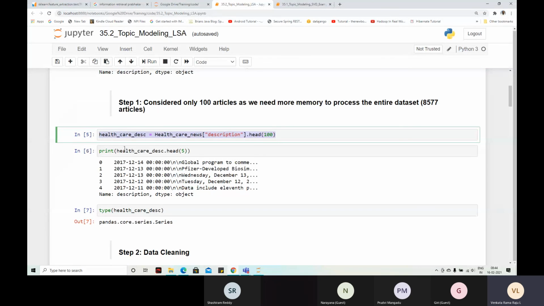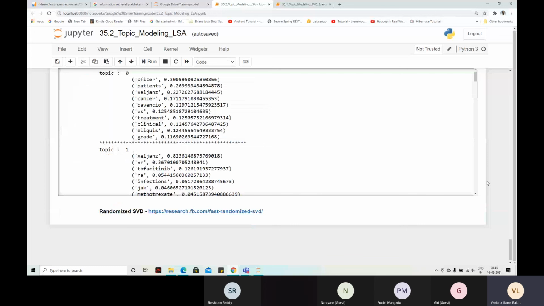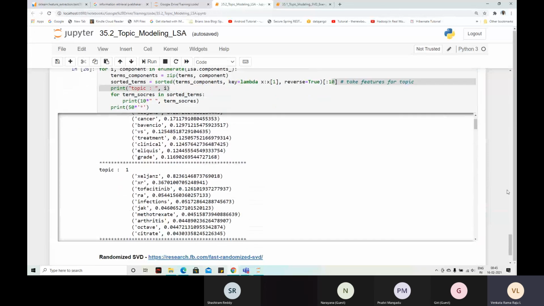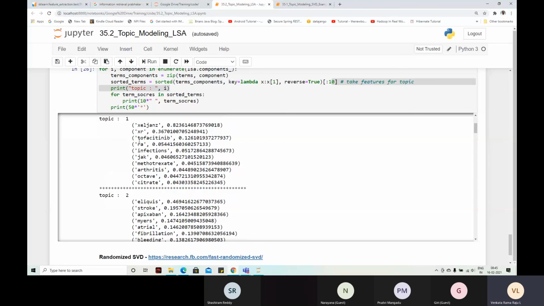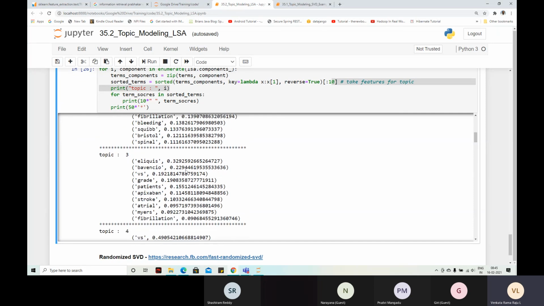So we took only 100 documents and tried to work on it. Those 100 documents are talking about the Pfizer company. And the second topic is about something, I don't know what these are. Maybe they are related to healthcare, I think.